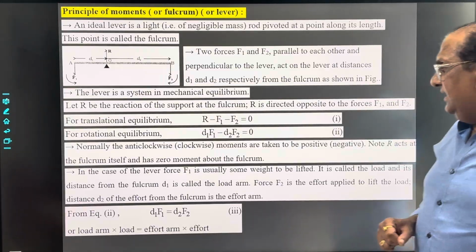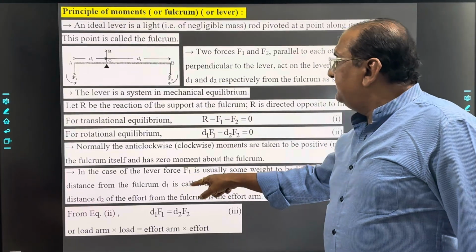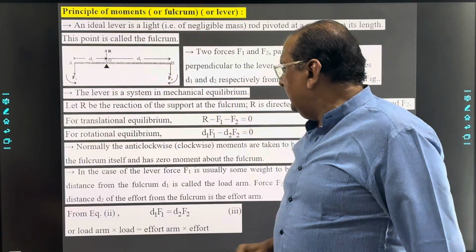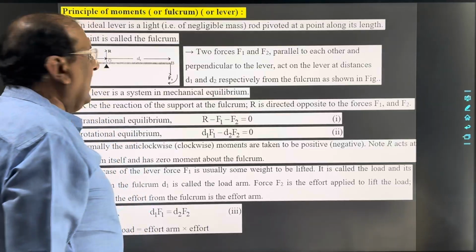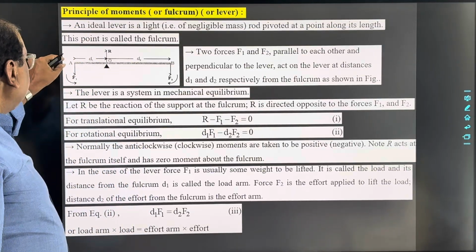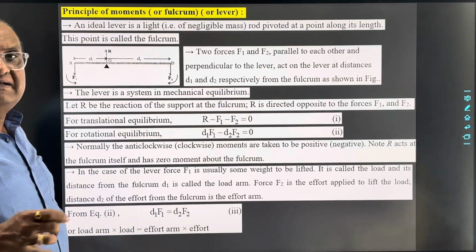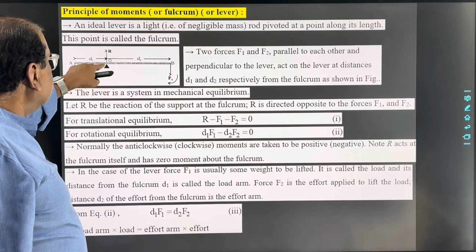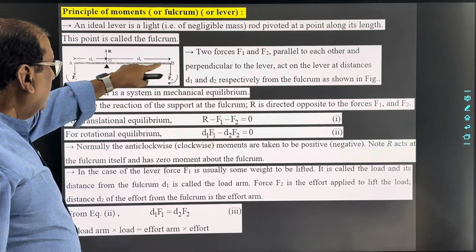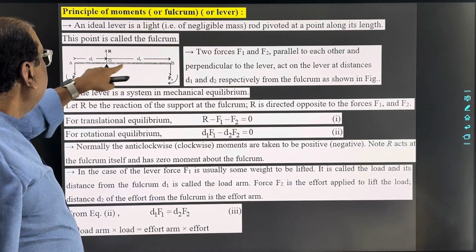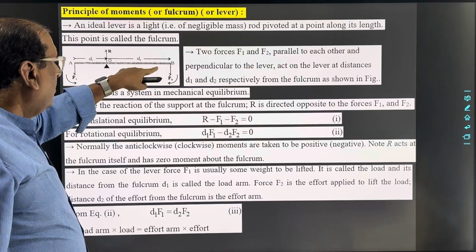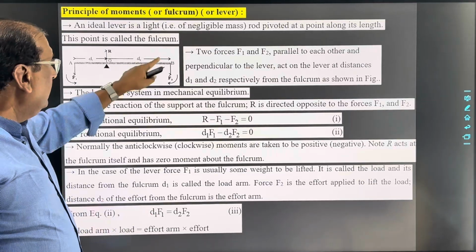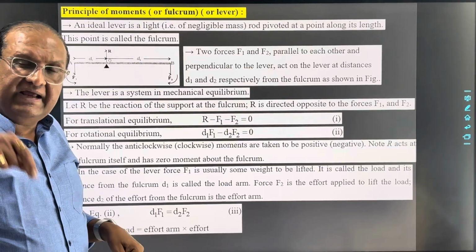Here D1, the distance of the force from the fulcrum, is called the load arm, and normally this force F1 itself is the load. The distance D2 of force F2 is called the effort arm, and force F2 is called the effort.